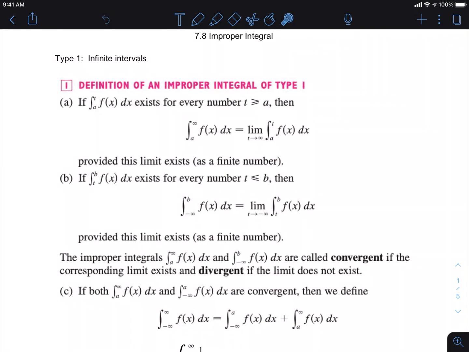When we go into these infinities of integration, we don't have straightforward techniques for that. So we have to take limits of these values to be able to solve problems going forward.